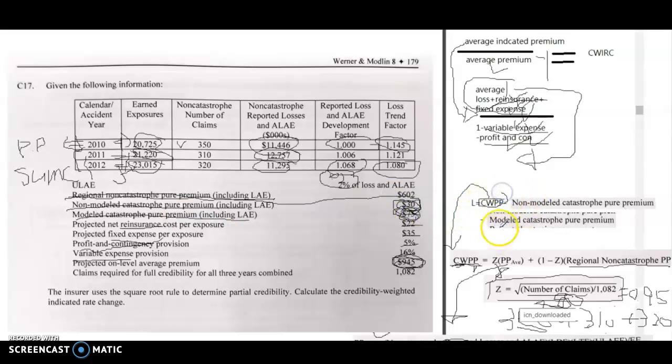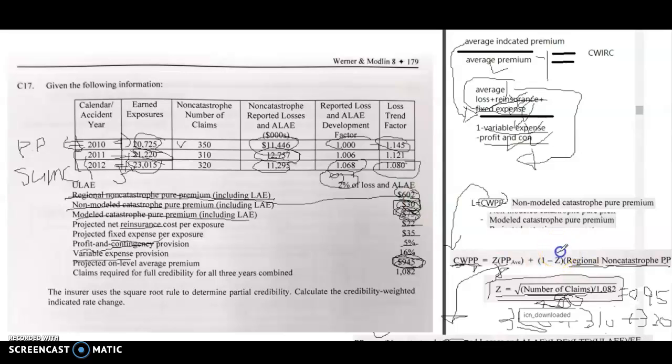So now we have to calculate the probability weighted pure premium, and the formula is Z, which is the probability factor, times the average pure premium plus 1 minus probability factor times regional non-catastrophe pure premium. The regional non-catastrophe pure premium is given by the question, which is 602.